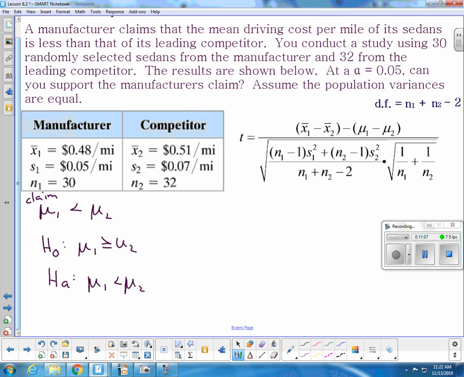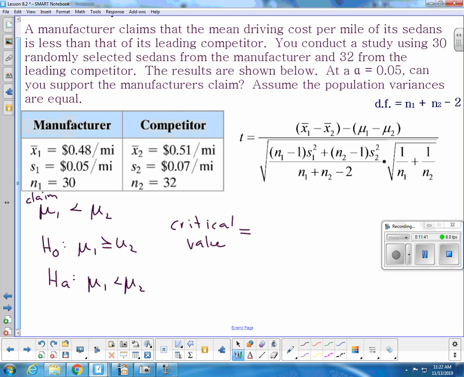Is this a one-tail test or a two-tail test? One-tail, is it right or left? Left. So our critical value needs to be negative. Okay, so go to critical value, get your chart out. Our degree of freedom is 60, and we have a left tail of 0.05, 0.05 and 60.